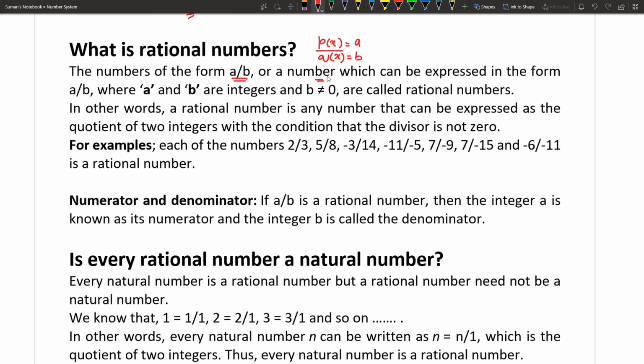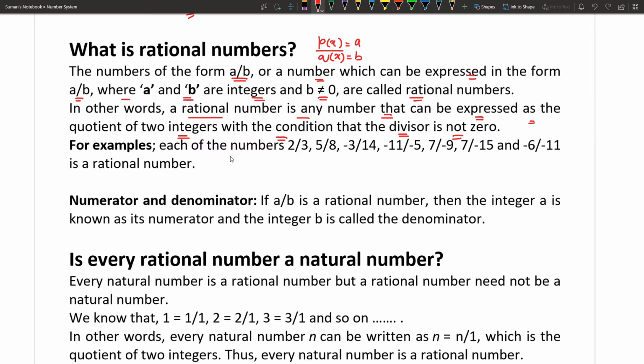A number which can be expressed in the form a by b or a upon b, where a and b are integers and b is not equal to 0, is called a rational number. In other words, a rational number is any number that can be expressed as the quotient of two integers, with the condition that the divisor is not 0 at all.